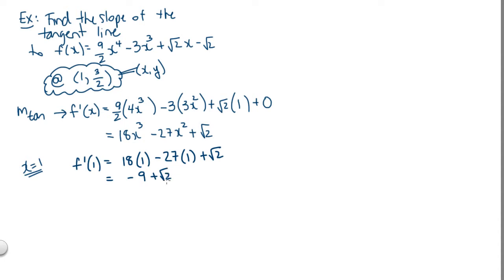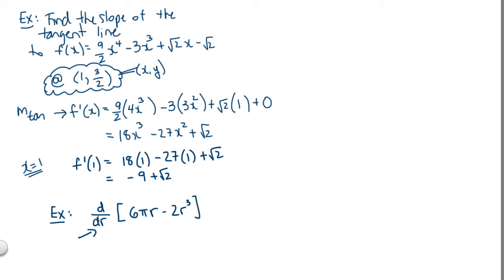Now, one other topic that we need to discuss in this section is how to handle variables other than x, because we will often run into different variables as we go through our applications. So let's say we're asked to find the derivative with respect to, say, r of a function that looks like 6 pi r minus 2r cubed.